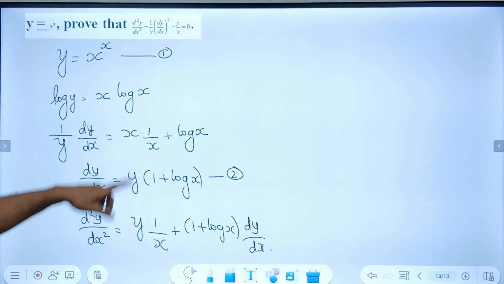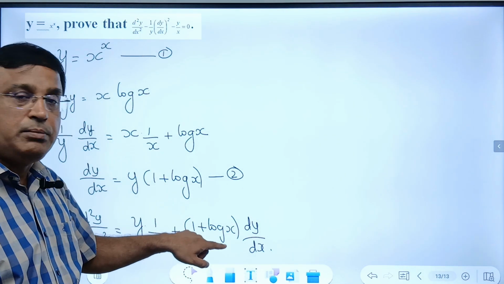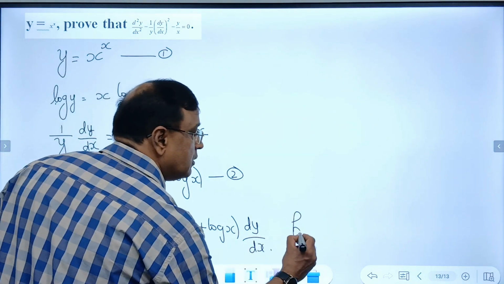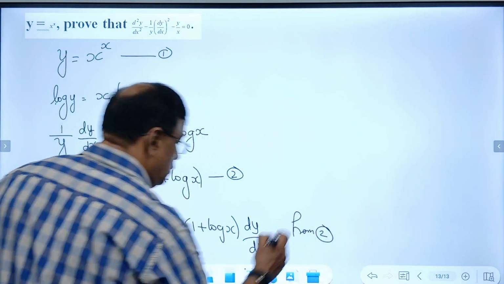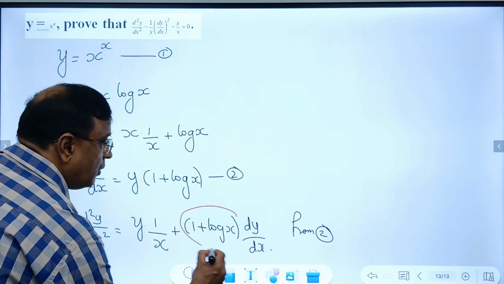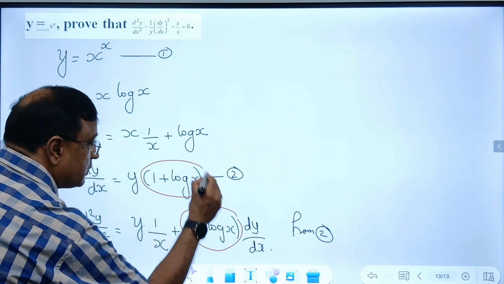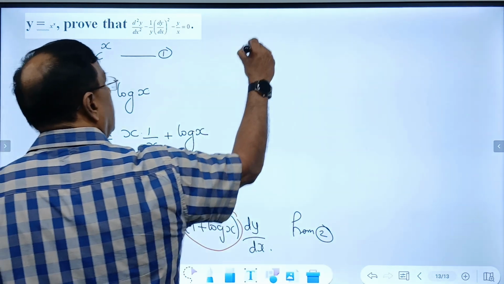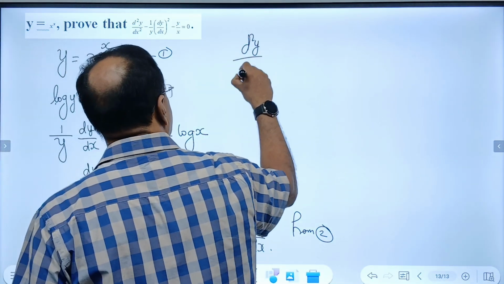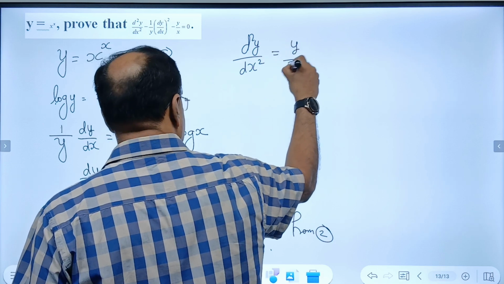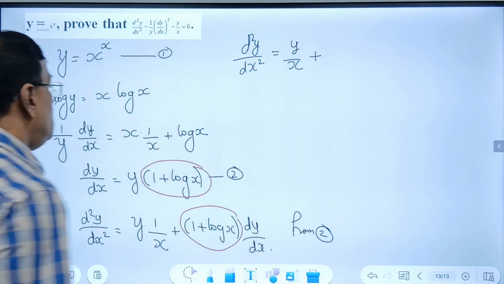Now if you actually observe the answer, in the answer you don't have 1 plus log x, so I have to get rid of 1 plus log x.